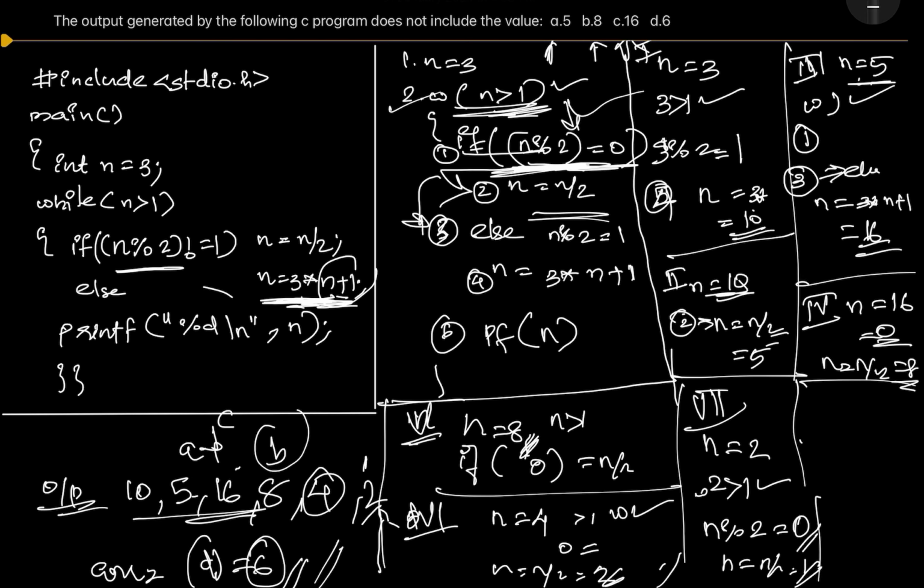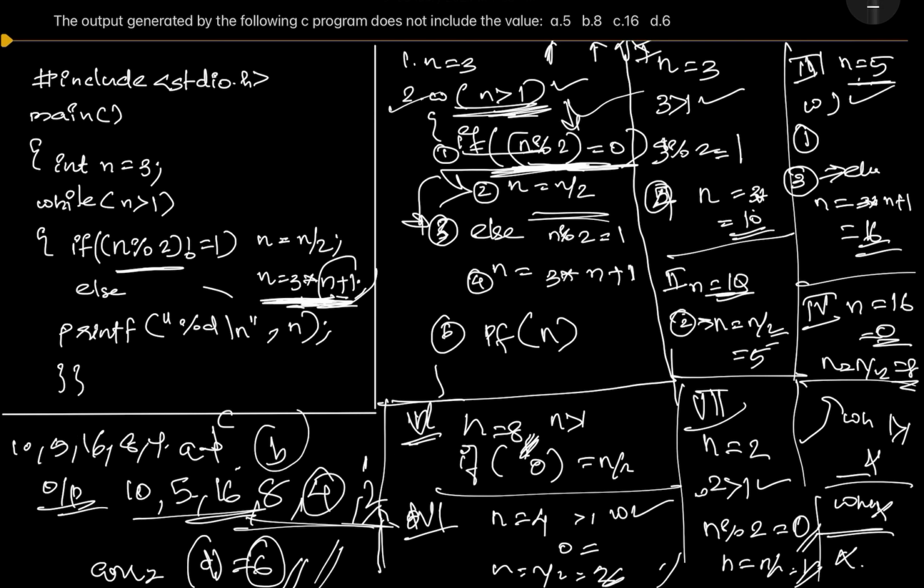Checking again, is 1 greater than 1? No, so the while exits. The outputs are 10, 5, 16, 8, 4, 2, 1. So the final answer is option D, 6. 6 is not in the output.